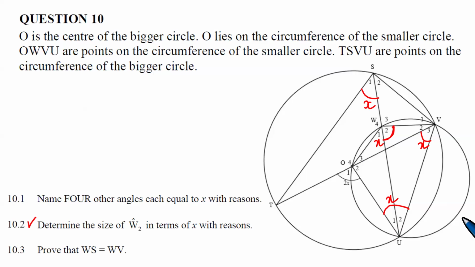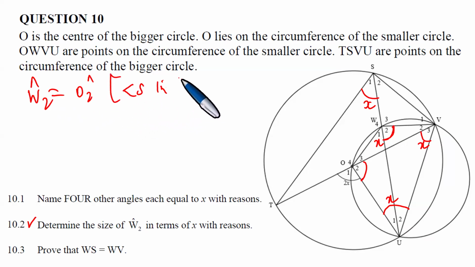I'm not sure, sir. Okay, that's easy because first and foremost, W2 is O2. W2 equals O2. And why would W2 be equal to O2? These are angles in same segment.